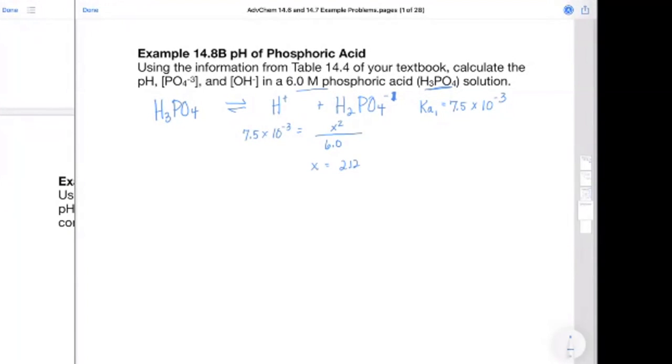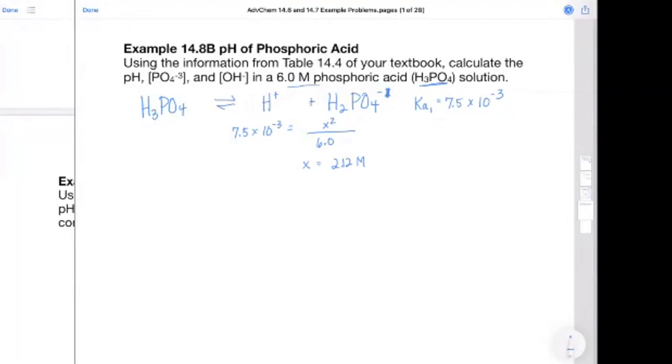When we calculate that, we get 2.12 molar. And if we check the assumption, 0.212 over 6 times 100, it comes out to 3.5. So your assumption's okay. This is going to be equal to both the hydrogen ions, again, and also equal to the concentration of the dihydrogen phosphate ion.